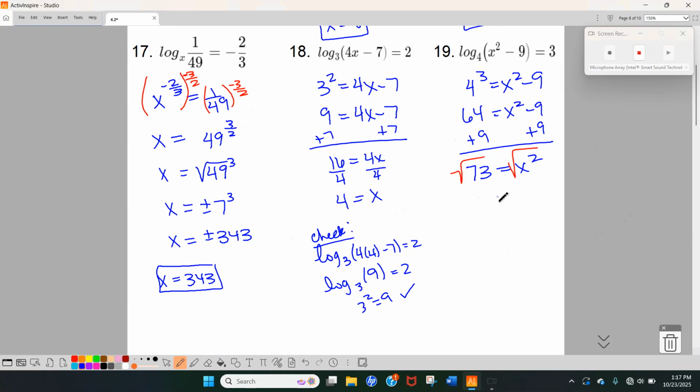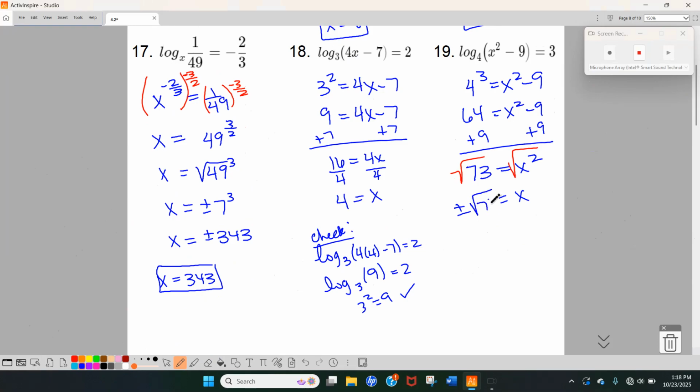So x is plus or minus the square root of 73, but I'm double checking my math because I'm just curious and making sure I didn't make a mistake. All right, 73 is a prime number, so it'll just be plus or minus root 73.